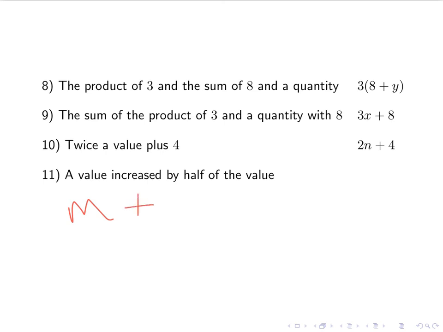Increased by means I'm going to add. Half of means multiplication. The value is still m. So m plus half of m. Right, if I wanted to simplify that, that's just 3/2 m. But leaving it as the algebraic expression, m plus 1/2 m.